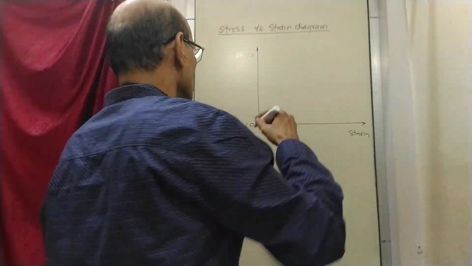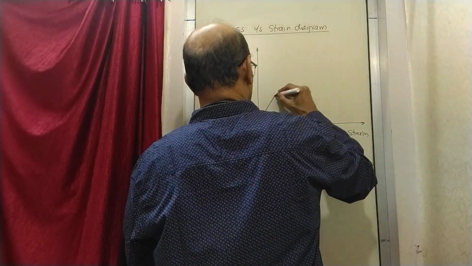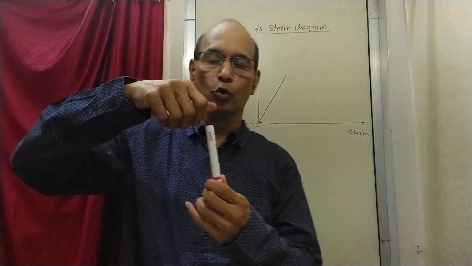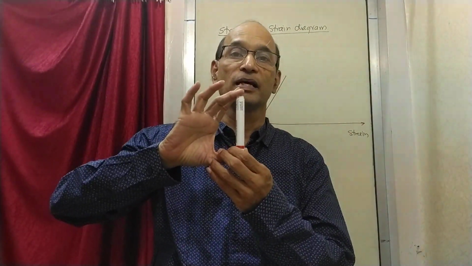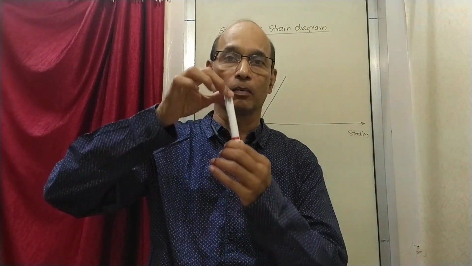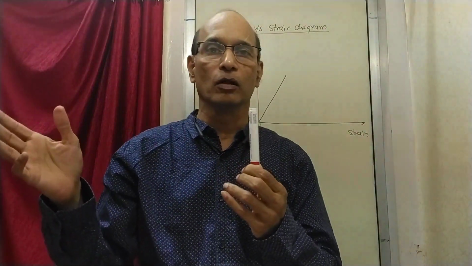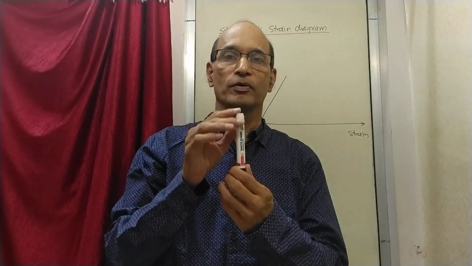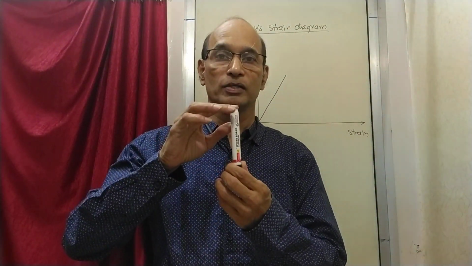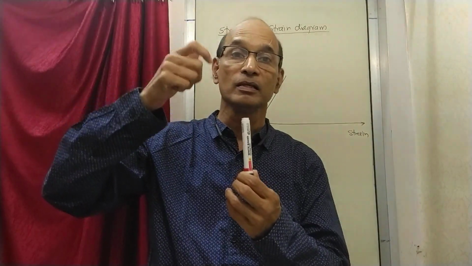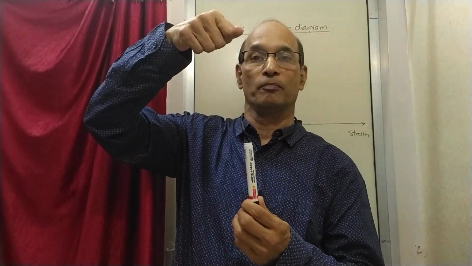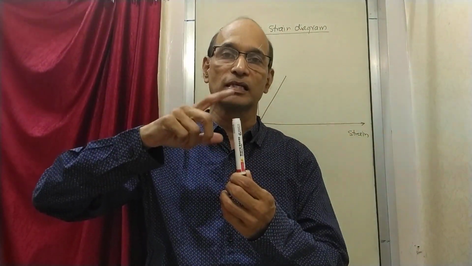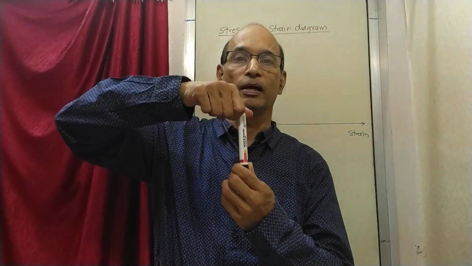Suppose you go on increasing the load applied on, let us say, a rubber rod. This is of course applicable to steel and any metal also, but rubber becomes easy to understand, because it is difficult to imagine that steel gets stretched when I apply load, although it does get stretched.